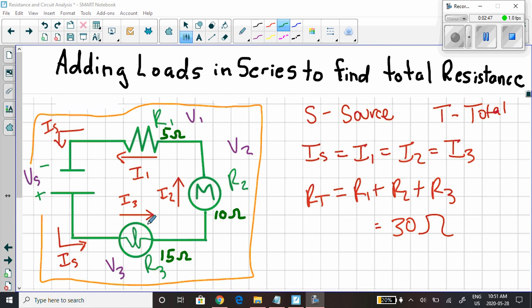The total resistance on the flow of electrons from this source would be R total, T for total. And we calculate that by adding them. So 5 plus 10 plus 15 is 30 ohms. That would be the total resistance of this load arrangement.